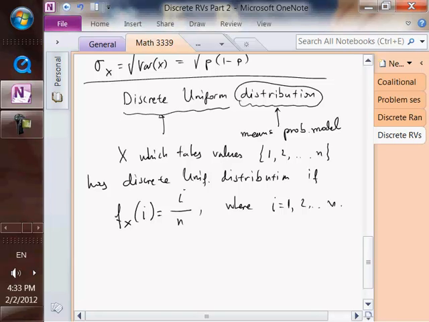Okay? So suppose that X takes the values from 0 to 255, for obvious reasons.